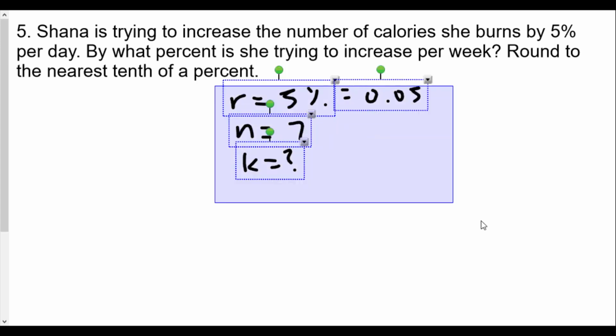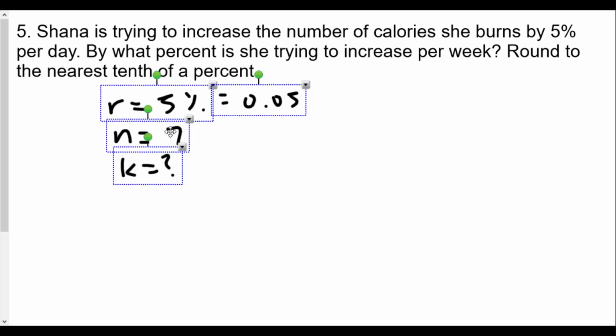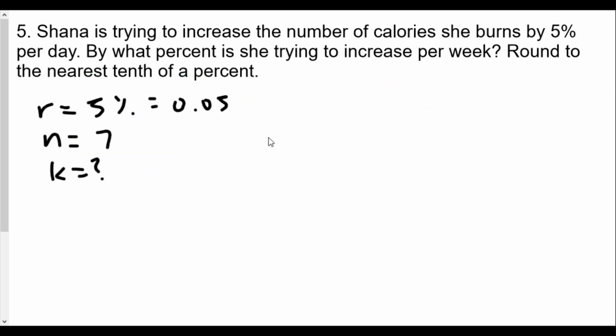Let's take all this here, move it over a little bit to the side so we have some room for the work of the problem. And our equation will be 1 plus k equals 1 plus 0.05, raised to the 7th power. So again, we use a graphing calculator.